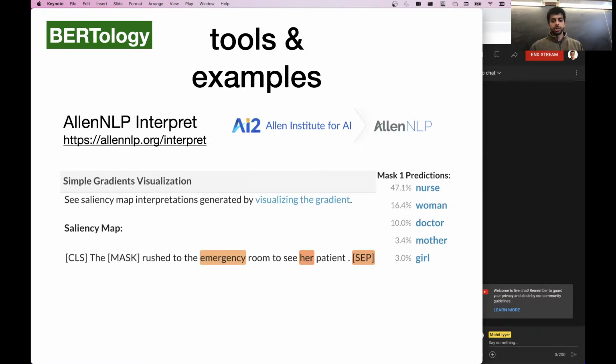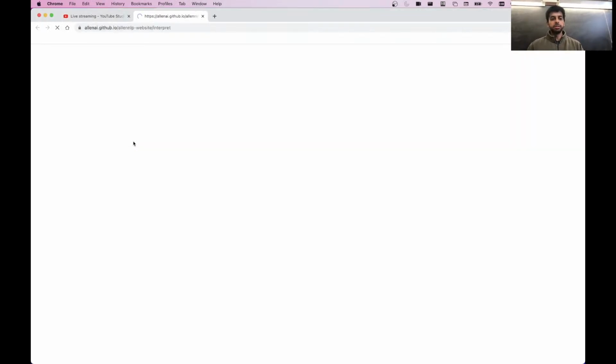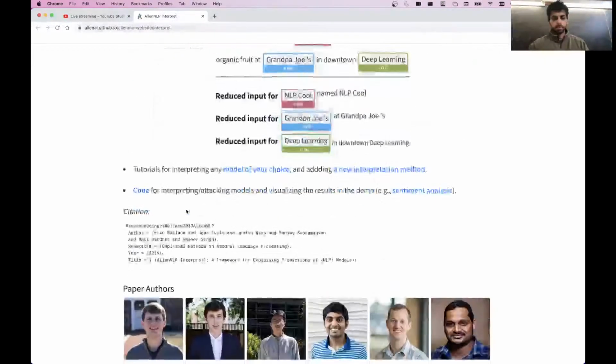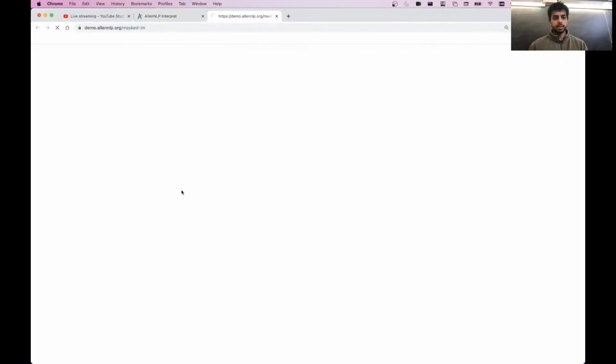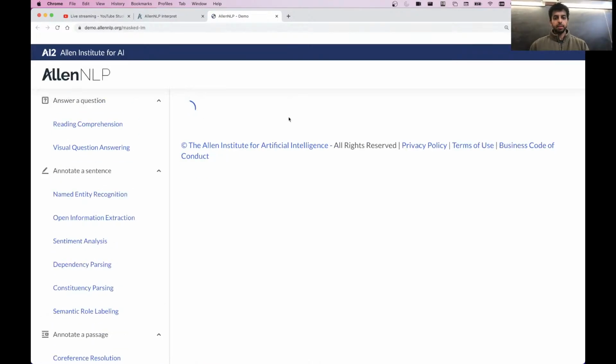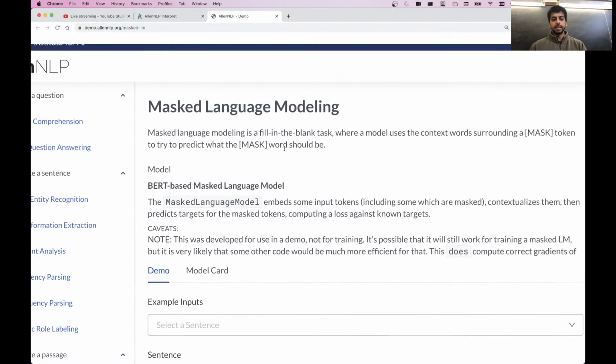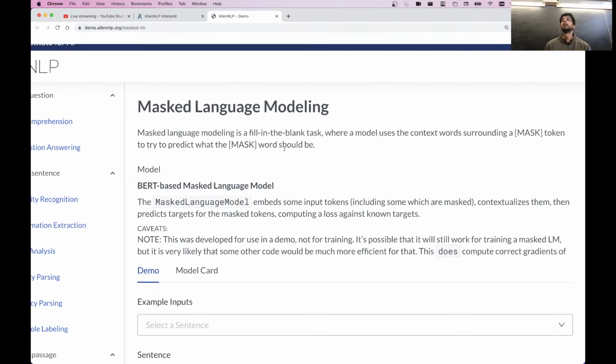So first, I wanted to show a demo from this AllenNLP Interpret library that allows you to explore the masked language model objective in BERT. So how does this work? Okay, this is fairly similar to your homework 2.